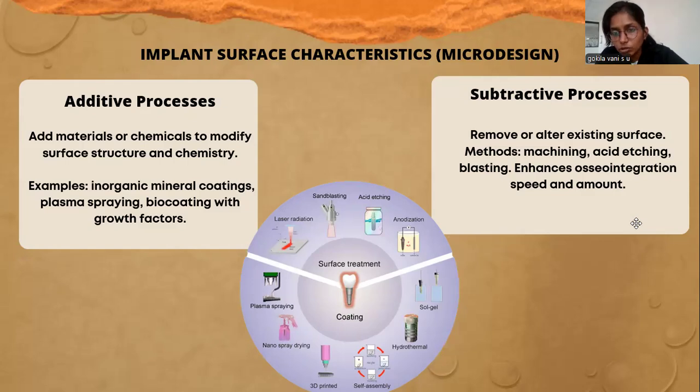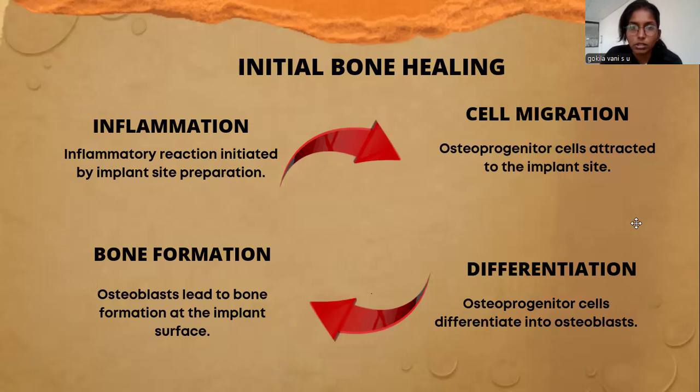Subtractive processes include removing or altering the existing surface by machining, acid etching, and sandblasting. All this is done with the aim of improving the surface area of your implant, thereby increasing the contact of the implant with the bone, enhancing osseointegration.